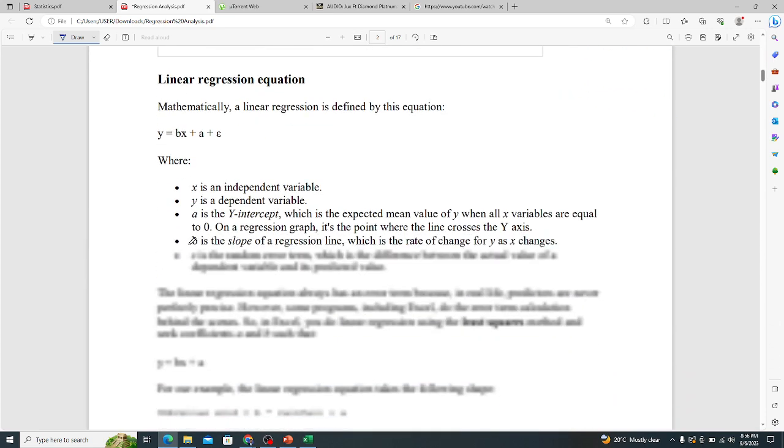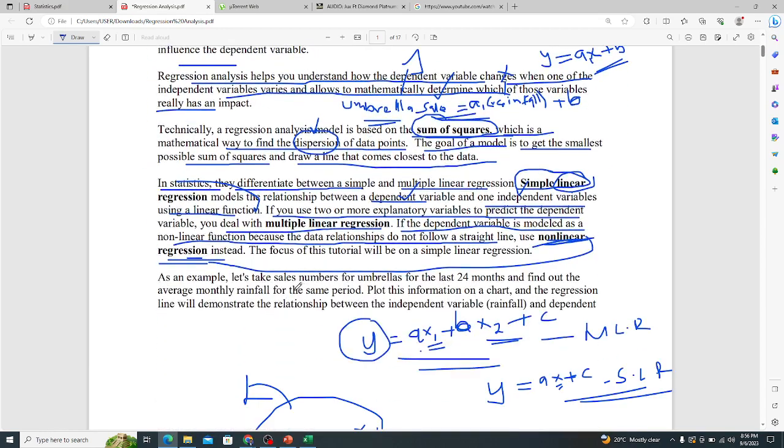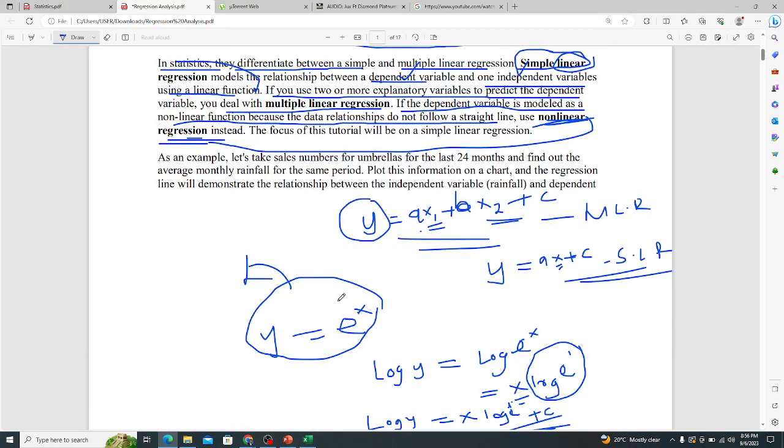So now I want us to discuss the different methods we can use to perform linear regression. As an example, we'll take sales numbers of umbrellas for the last 24 months, and also find out the average monthly rainfall for the same period.